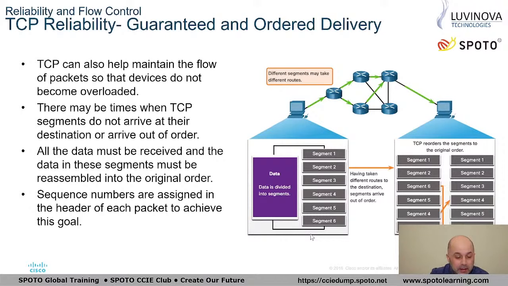There may be times when TCP segments do not arrive at their destination or arrive out of order, but TCP helps to correct them. It can reassemble the packets, and if certain packets have not arrived, if a sequencing number has not arrived, it will ask the source to send it again.